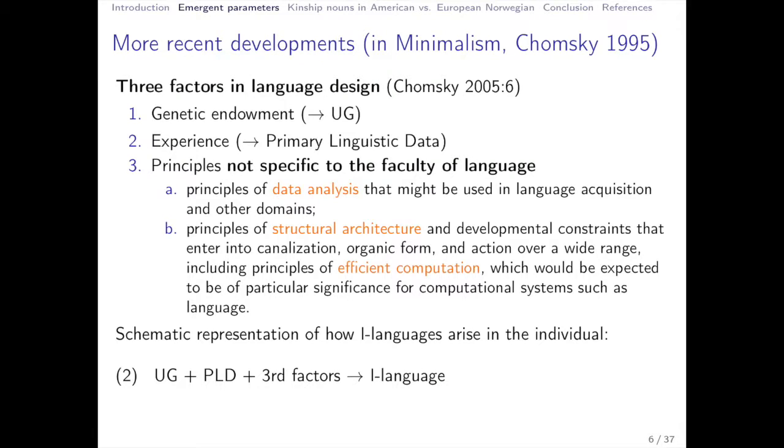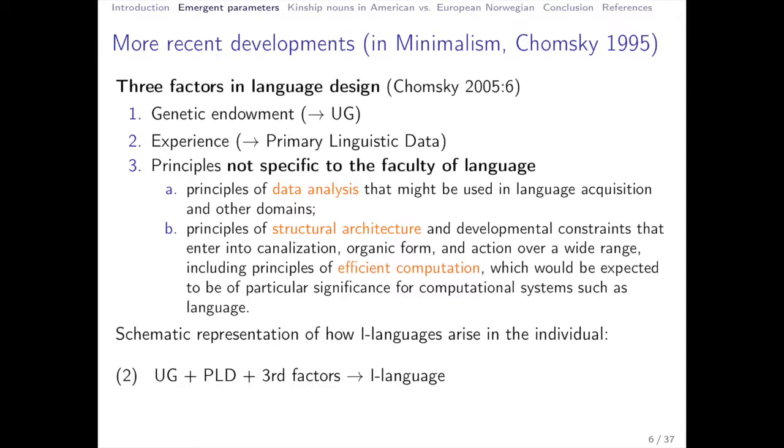Now, more recently, especially in connection with what's often referred to as the minimalist program, there have been some quite important developments. One of these developments is represented in Chomsky's 2005 paper, Three Factors in Language Design. So now there are not only two ingredients. There's still genetic endowment, or UG, there's still experience and primary linguistic data, but there are also the so-called third factors, which are principles not specific to the faculty of language.